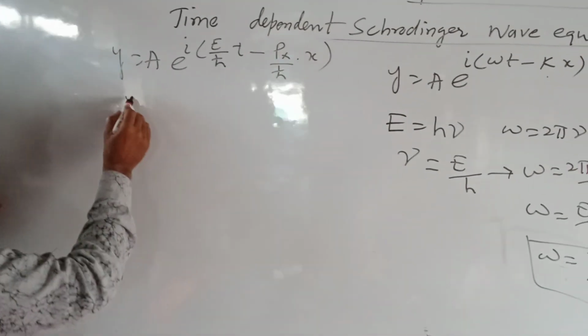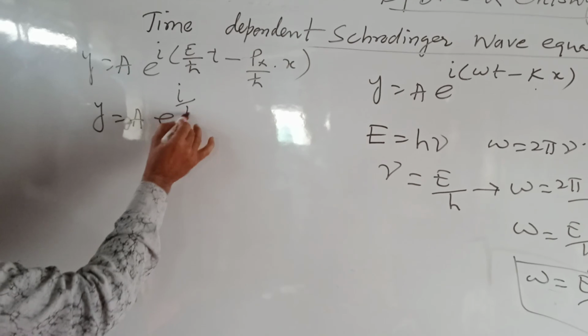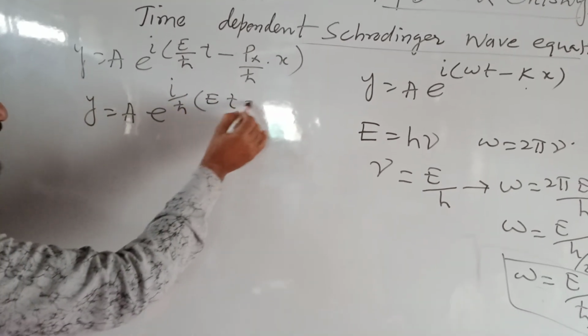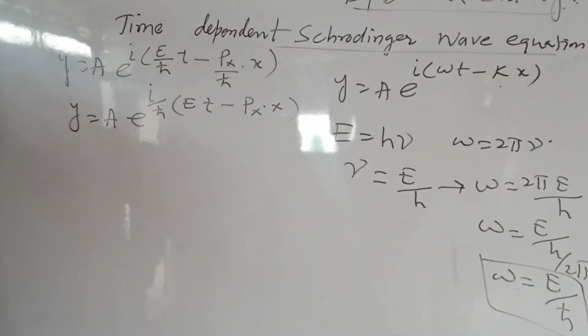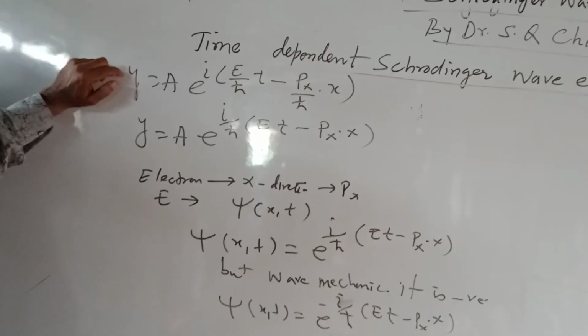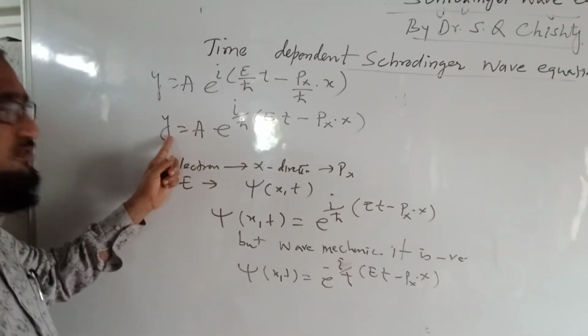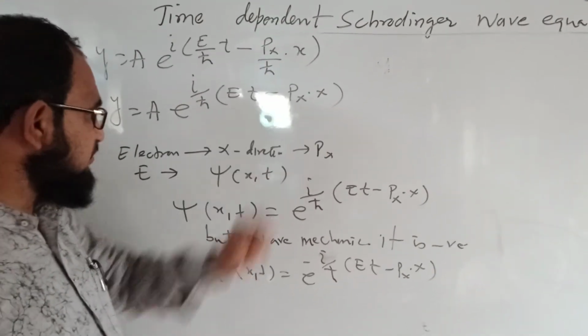Now I can take h cross common. If I take the h cross common, then equation will become y is equal to a e raised to power i by h cross (Et minus px into x).